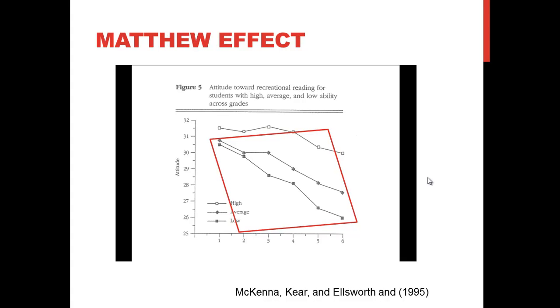Now, Stanovich was talking specifically about phonological awareness, but children who have greater phonological and phonemic awareness tend to become better decoders and more fluent, etc. So those who start off rich, so to speak, in those reading skills just get richer as the reading goes, whereas those who have difficulty with those areas continue to struggle. It's kind of the rich get richer, the poor get poorer. Well, we can see this with regard to attitudes towards reading as well. Quite fascinating.